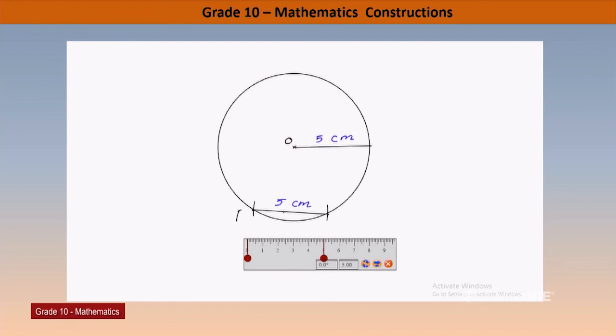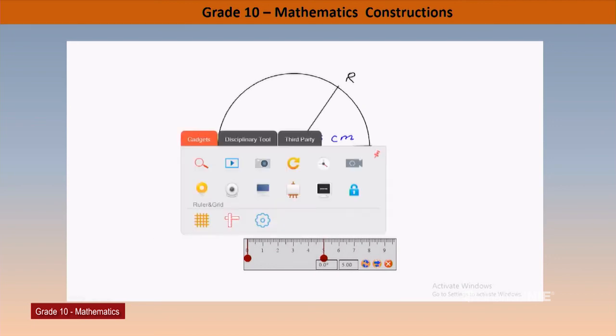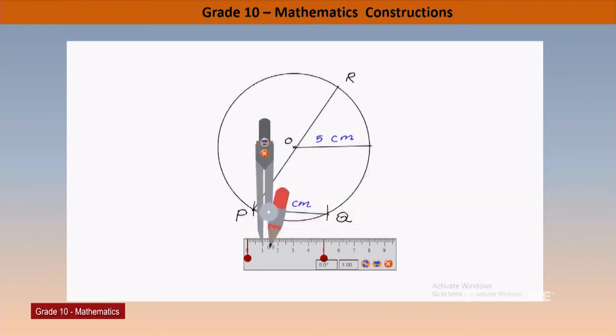P and Q. Next, we wanted to join PO and produce to meet the circle on R. Here there is a point R. So, that is the diameter of this circle PR.